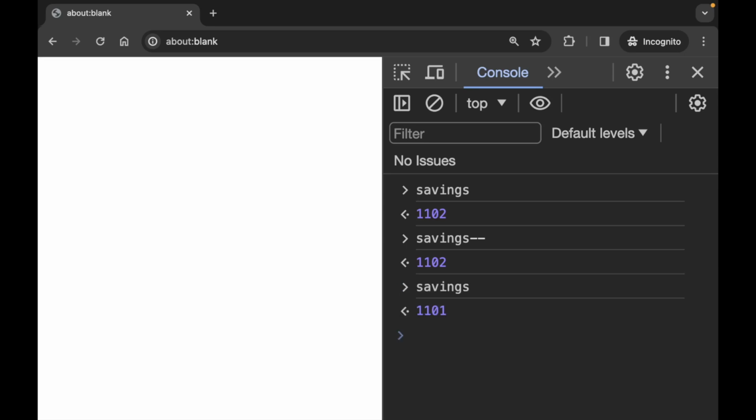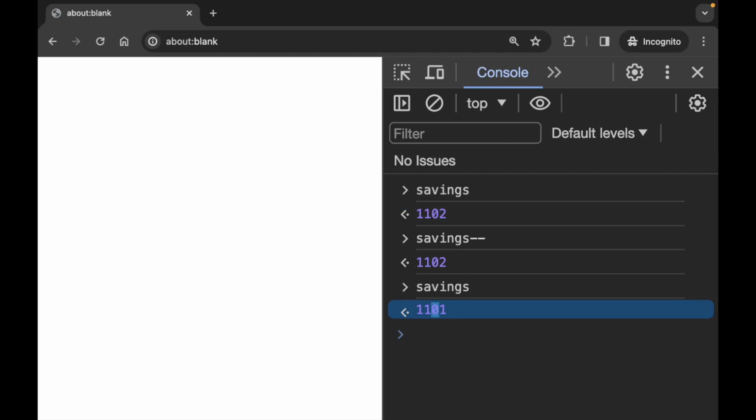So when we initially initialize savings, it was going to be 1,102 in this instance. Then when we use the decrement, it shows us what happened before, and when we look at it again, it shows us what happened after. So this is very useful in adding and subtracting singular values throughout.